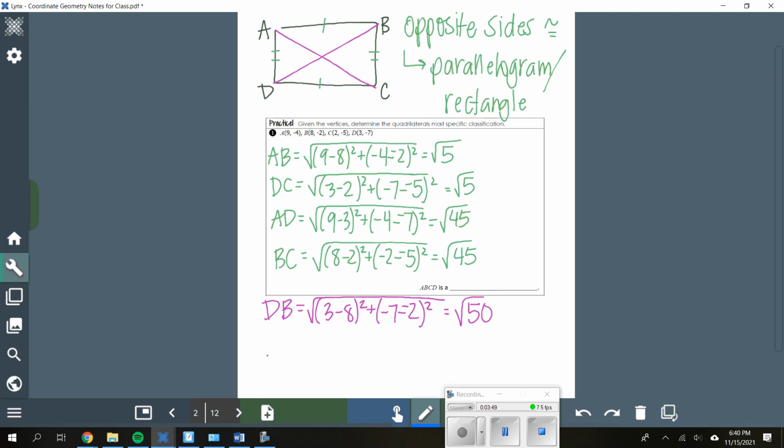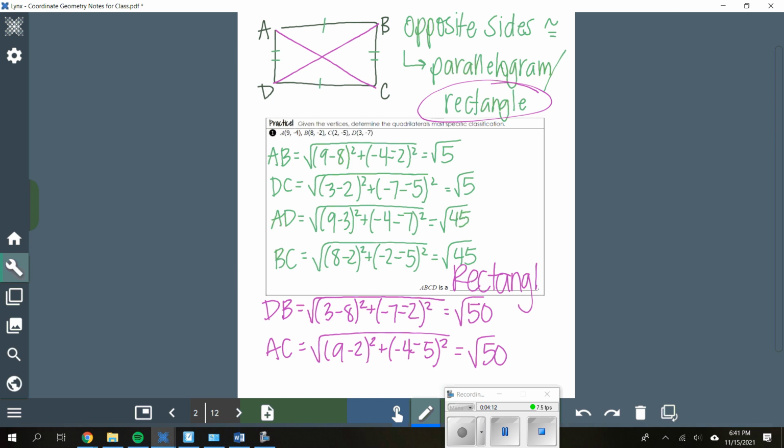And then AC, so x minus x, 9 minus 2 squared and added to y minus y, negative 4 minus negative 5 squared, so radical 50. And since my diagonals are congruent, choosing between parallelogram and rectangle, I'm left with rectangle as the winner. In a rectangle, opposite sides are congruent and diagonals are congruent as well.